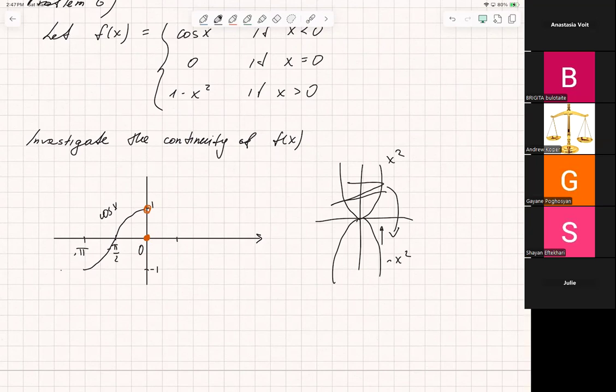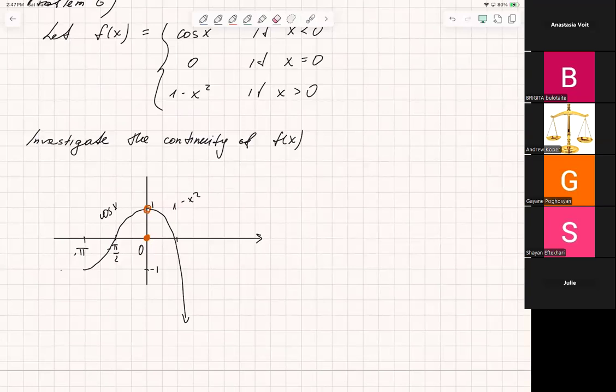So that's going to be somewhere like this. This is our 1 minus x squared. As you can see, if this point was here, it seems like everything would be nice and continuous.